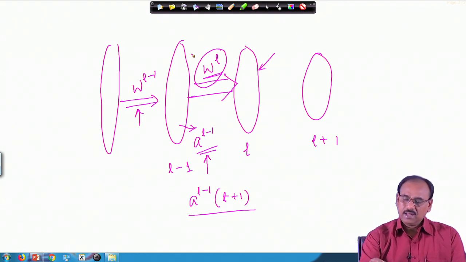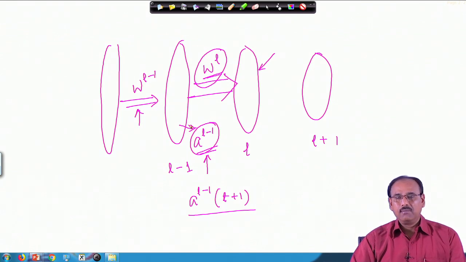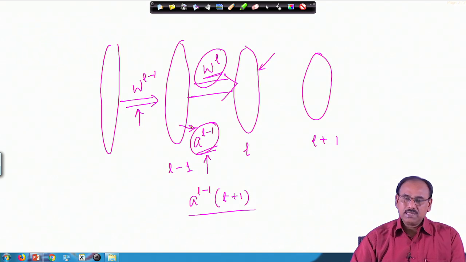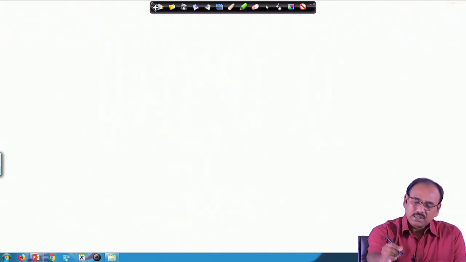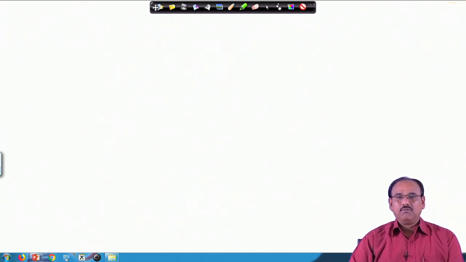So, in that case, this A^(L-1), that is the outputs from the (L-1)th layer, are to be normalized. For this normalization purpose, you find out the variance or standard deviation of the data and the mean of the data.